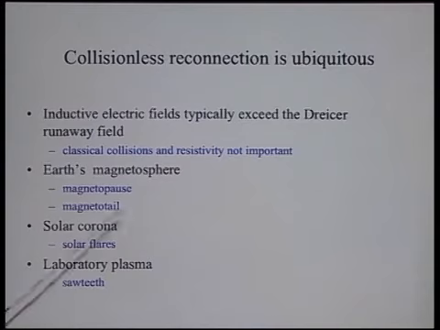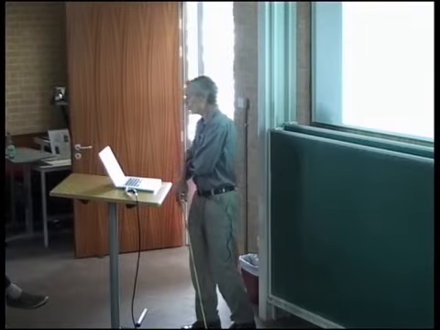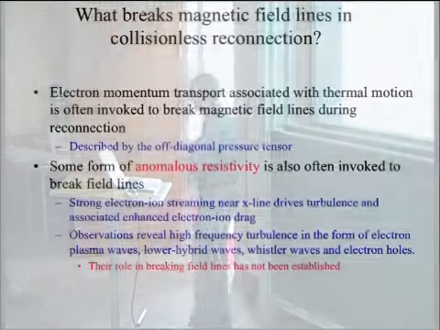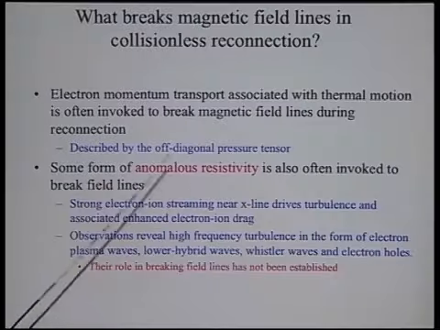Certainly in the magnetopause, magnetotail, and the solar corona. And during sawtooth crashes in tokamaks, it also seems to be the same case. You can calculate the inductive fields, and they typically exceed the Dreicer field. So in the absence of classical dissipation, the question is, what breaks magnetic field lines in collisionless reconnection?